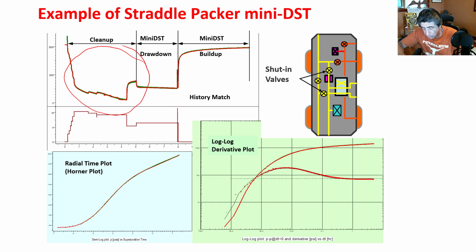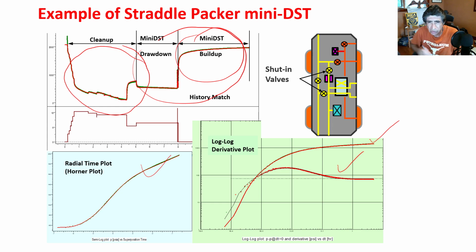So you do a few of these cycles until everything has stabilized, and this is when you do the build up and drawdown. And then once you have the section of the curve that you like, then you can do more specific and more detailed analysis, such as looking at the log-log derivative plots to understand flow regimes, and also at the Horner plots. These are widely used to infer properties of the rock.